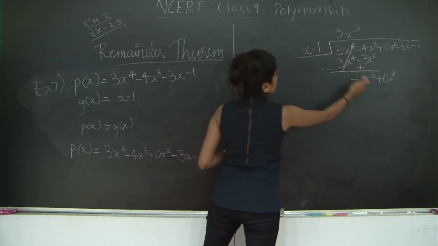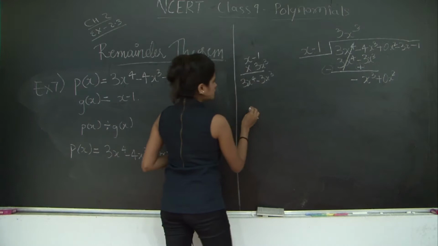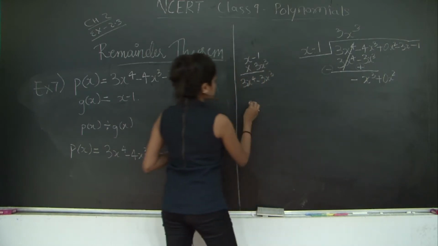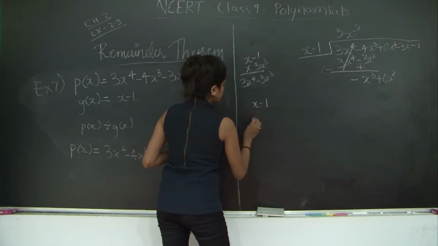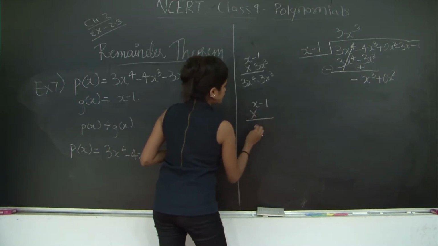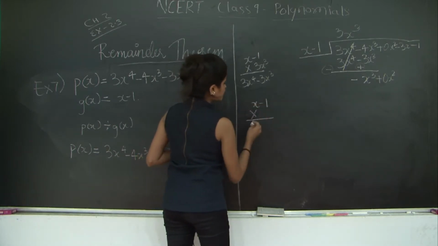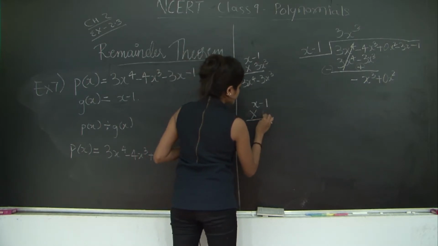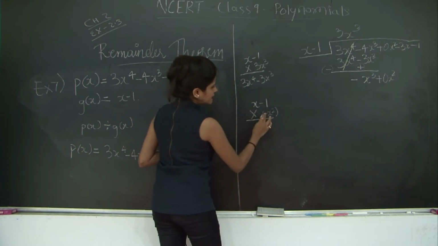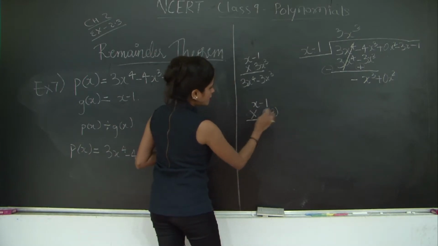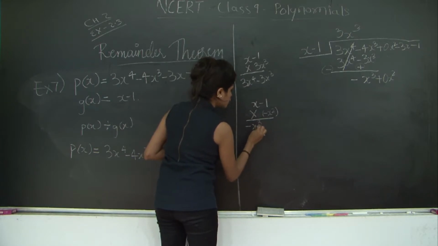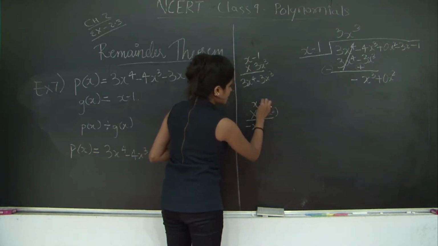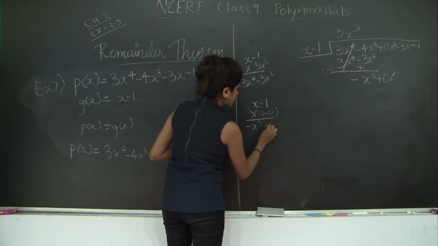Now x minus 1 into what will give me x^3? Minus x^3. So x into what is going to give me x^3? Minus x^2. Notice that this is minus x^2 and not minus x the whole square. Okay. So this is giving me x^3. Minus x^2 into minus 1 will give me plus x^2.